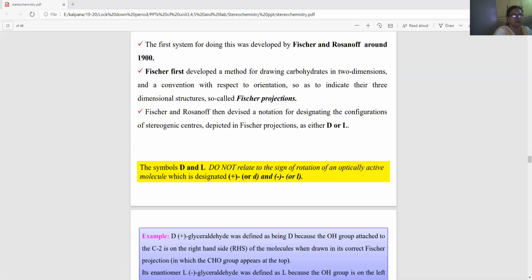Now, the highest energy has methyl groups eclipsed because of steric hindrance, and the dihedral angle is 0. So you can see here a totally eclipsed structure. That is a 0 degrees dihedral angle. This is called totally eclipsed.